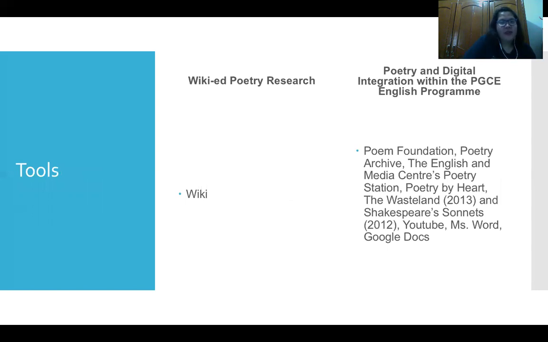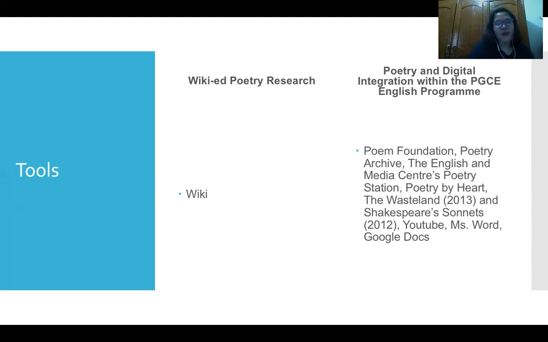The tool that was used for the first research was, of course, Wikispace, which was a server program that allows the invited users to collaborate in forming the content for a website.